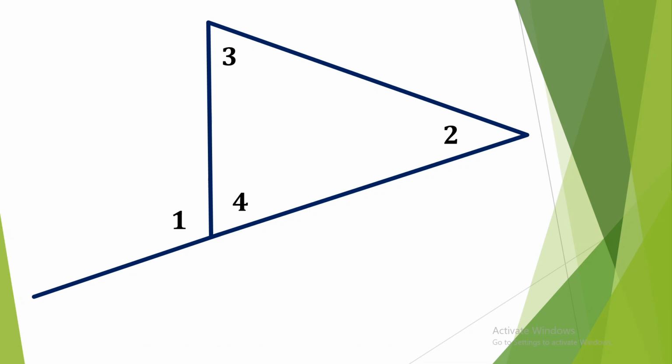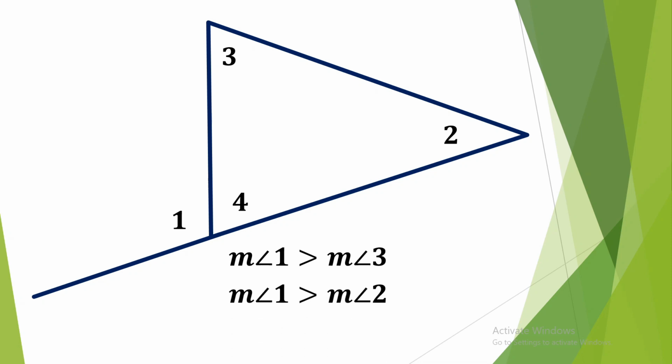Now, considering the same figure, we can also have these two inequality statements. We have the measure of angle 1 is greater than the measure of angle 3. And the measure of angle 1 is greater than the measure of angle 2. Now, if we look at the relationship of those three angles, angle 1 is an exterior angle, and angles 3 and 2 are the remote interior angles of angle 1.